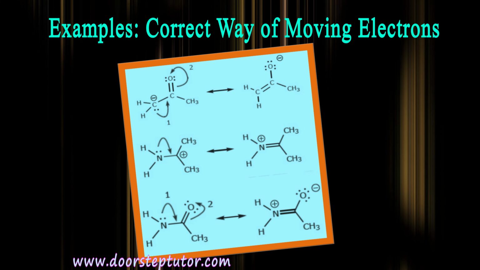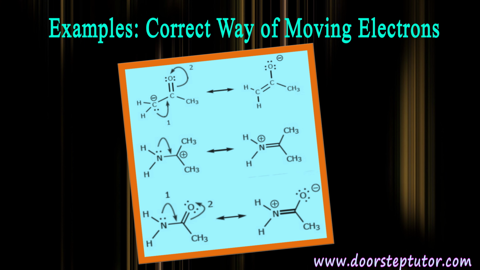You have studied that for a resonating structure one should follow the octet rule also, right? So we will move the lone pair from carbon to the adjacent carbon, then it will have a double bond between the carbons, and the bond between carbon and oxygen will break into formal charges, and oxygen will have a negative charge on it, right? So this is the correct way.